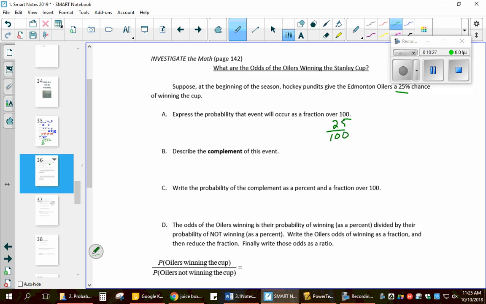It's everything but that percentage. 75 over 100. Oh, that's what we did for the second one. Write the probability of the complement as a percent and fraction over 100, so that's what we just did there.